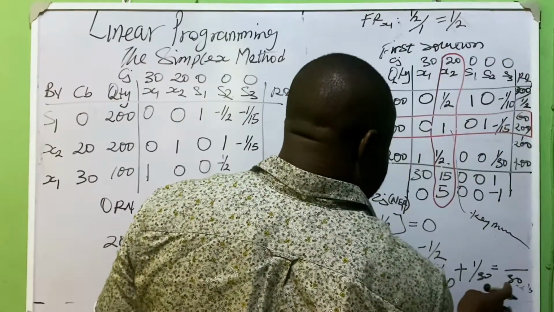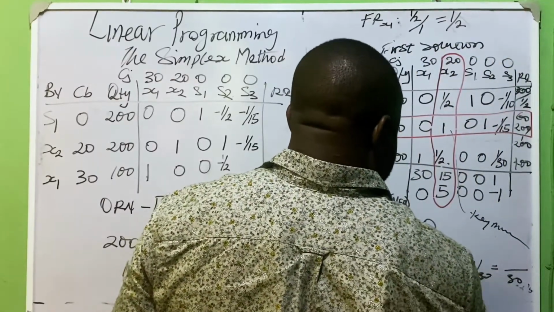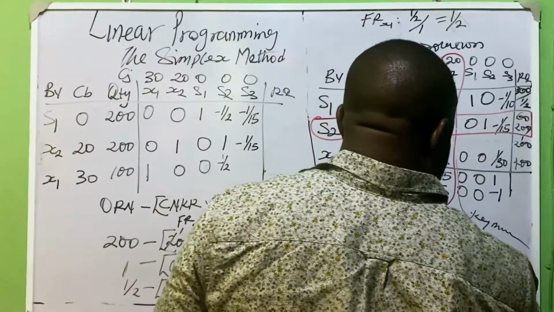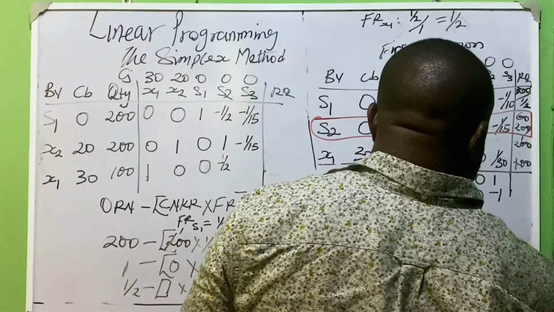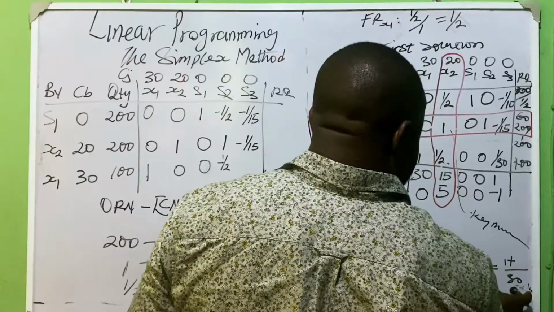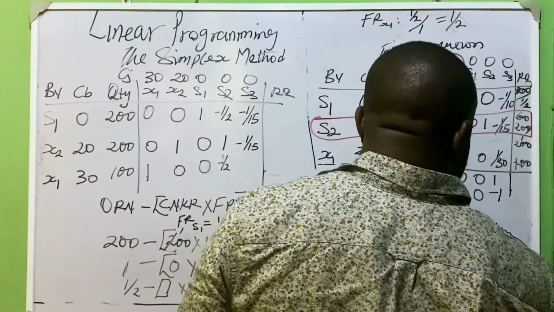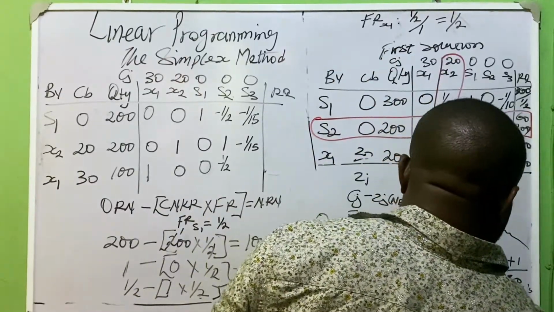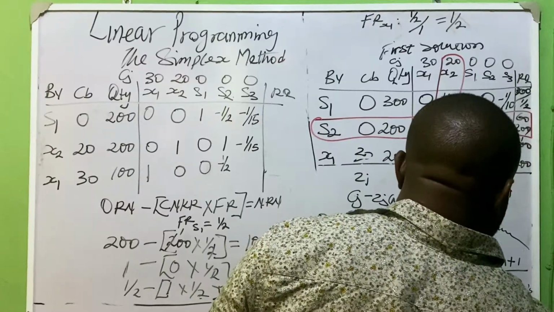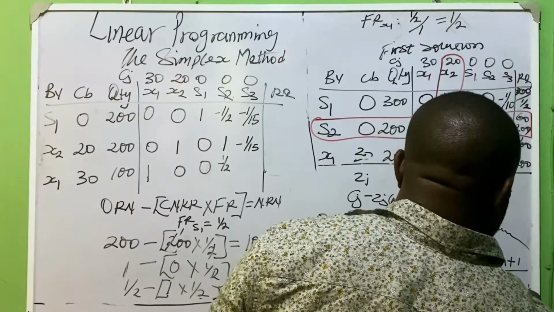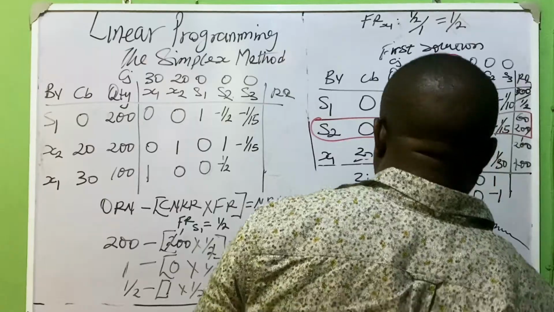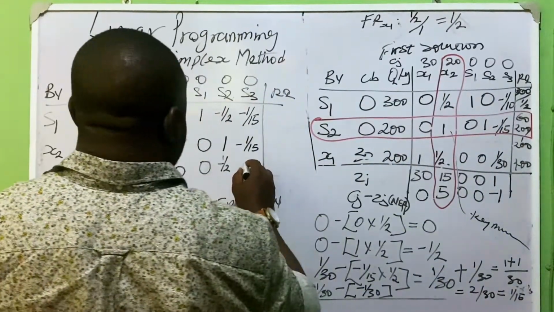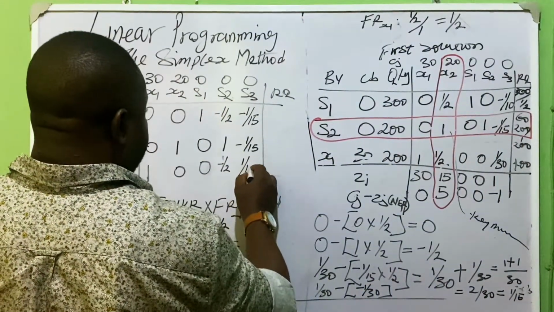We have 30 by itself, 1 by this, we have 1 times this, so 1 plus 30 by itself, 1 into this will have 1, so we're going to have 2 over 30 that gives us 1 over 15. So we're going to have 1 over 15.